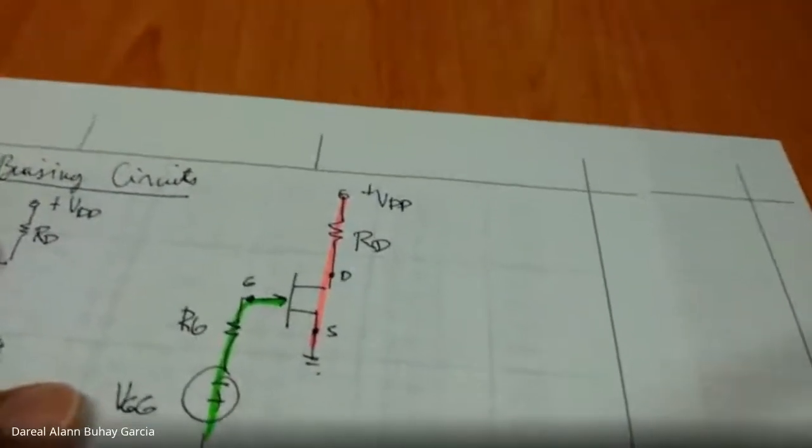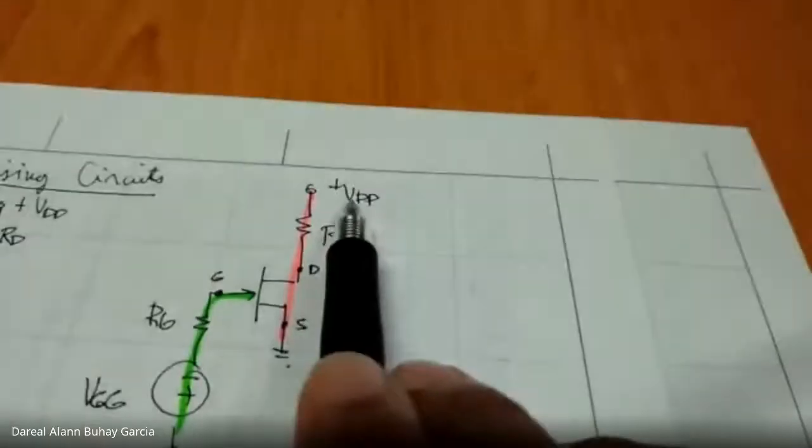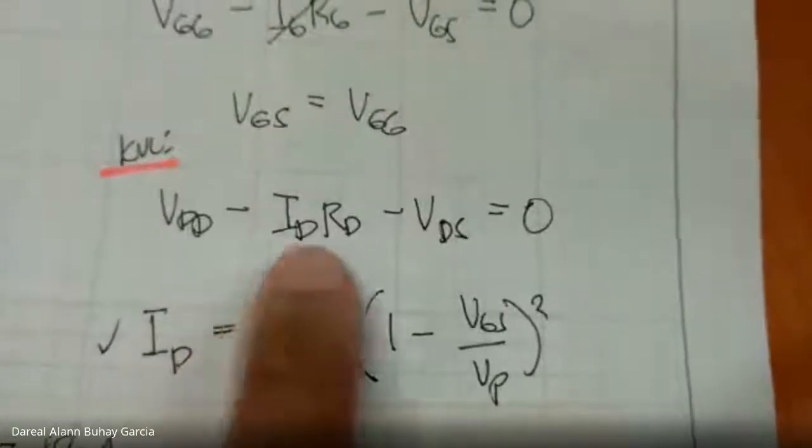About VDS: VDD minus IDRD minus VDS. Right? VDD minus IDRD minus VDS.